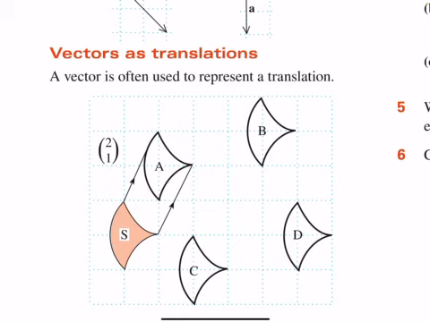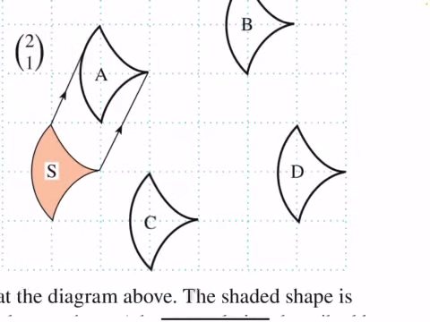Sorry, S onto C. 1, 2, but I'm going downwards, so 2, negative 1. You take the point, move it, and see where it is. So S to C is 2, negative 1.